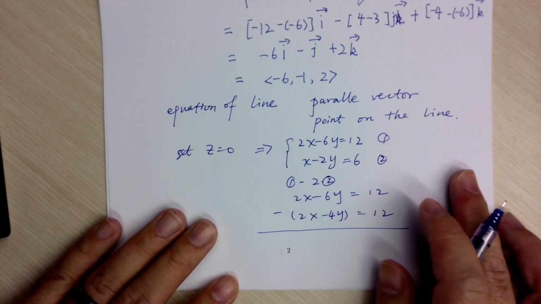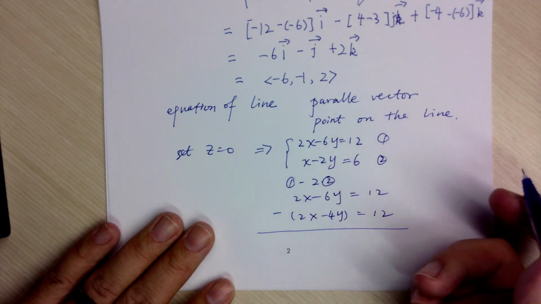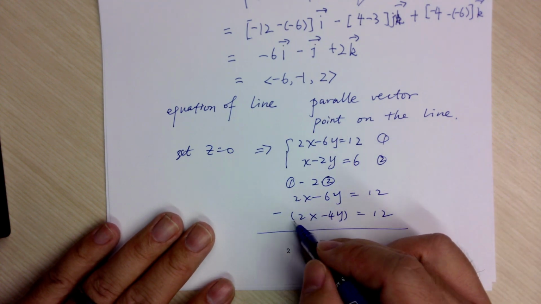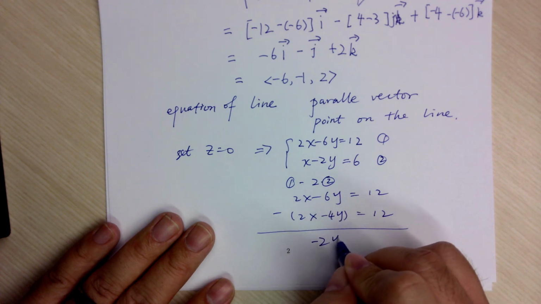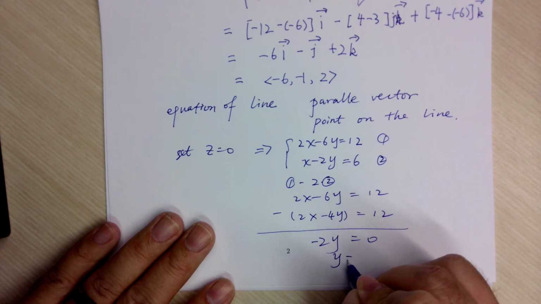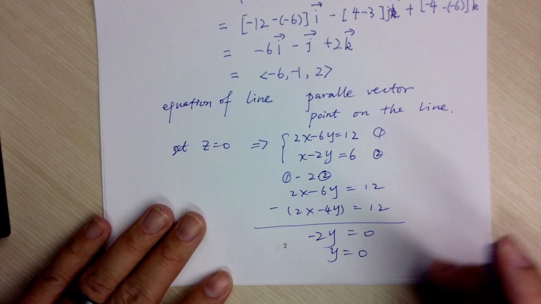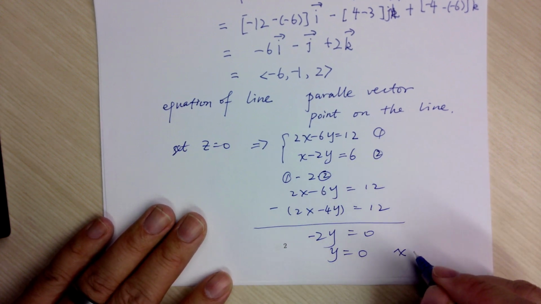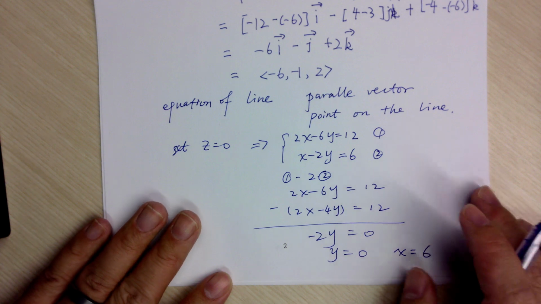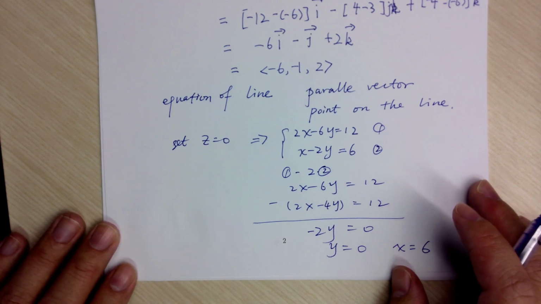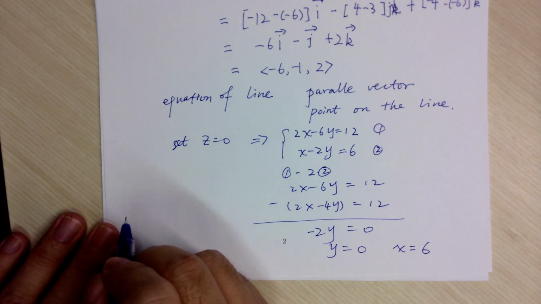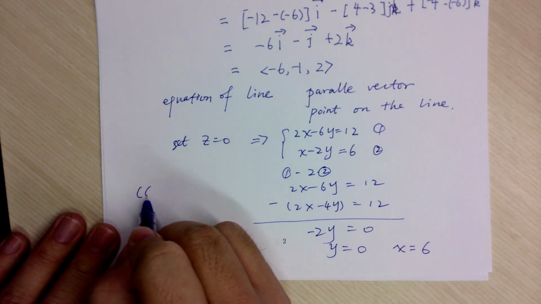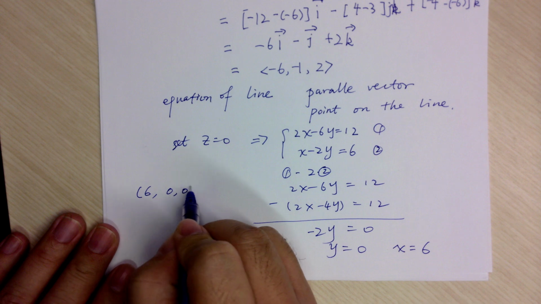If you do the subtraction, 2x minus 2x becomes 0, and minus 6y minus minus 4y becomes negative 2y equals 0. Turns out y equals 0. When y equals 0, you can easily solve that x equals 6. So the point of intersection is 6, 0, and 0.